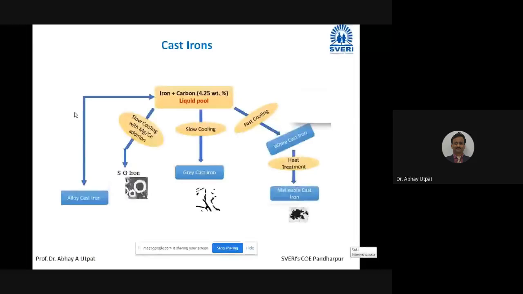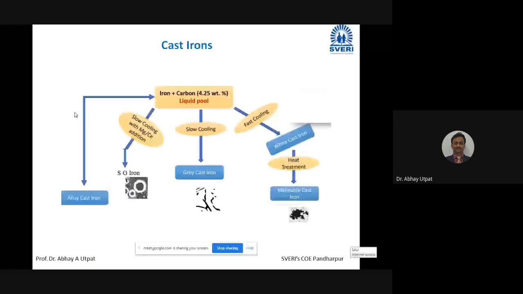Okay. Now, next slide is just general formation of gray cast iron, white cast iron, which I have shown. You can take screenshots. So cast iron, when it is cooled slowly, gives SG iron. Its microstructure is shown there.